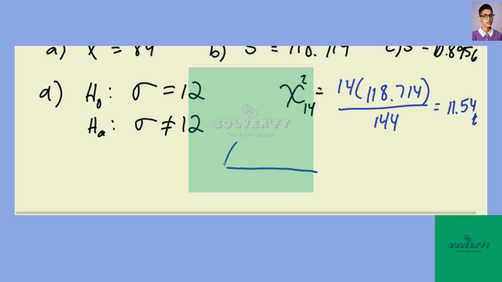And we can do this with the critical value, or we can do this with a p-value. We're using an alpha level of 0.05.